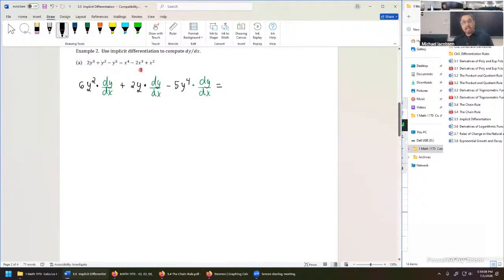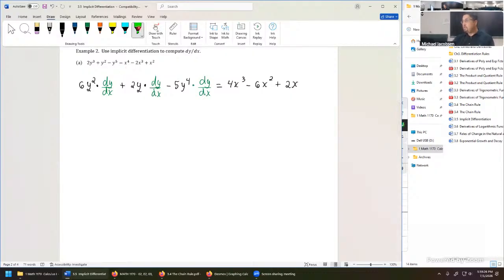When we go to differentiate the right-hand side, this is just taking the derivative as normal. So using the power rule multiple times, we get 4x cubed minus 6x squared plus 2x.